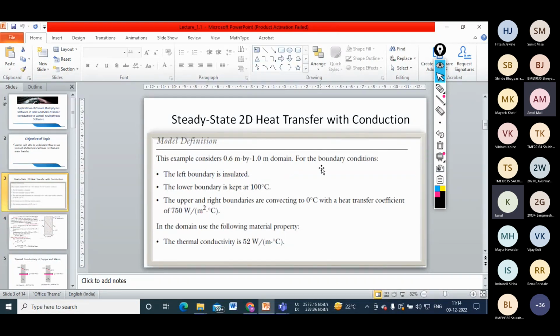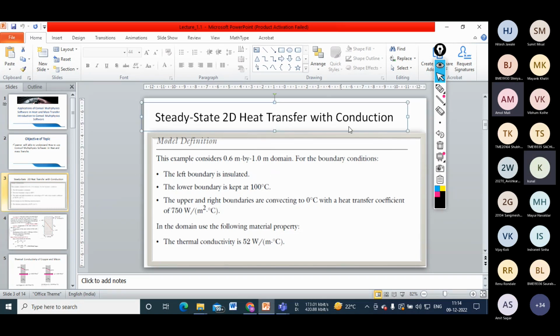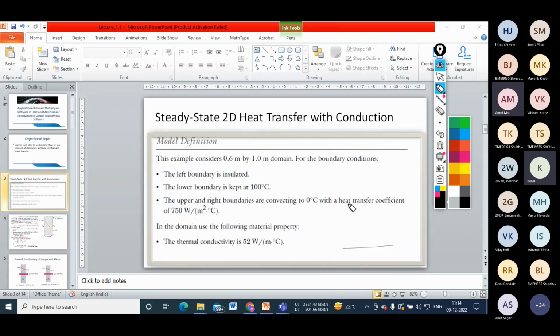For the boundary conditions, the left boundary is insulated. 0.6 meter is the width and 1 meter is the height of that rectangular body, and the left side is insulated.